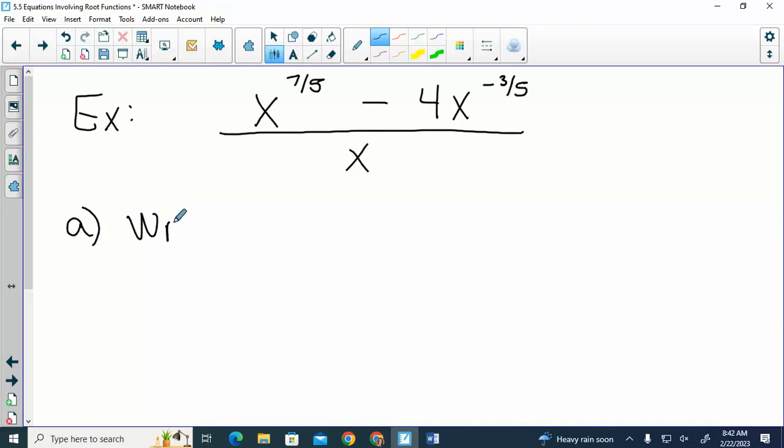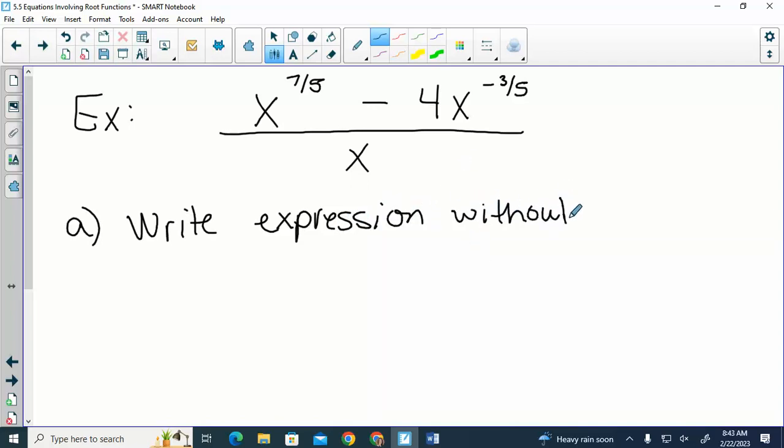I want you to write the expression without negative exponents. Okay, so what we're going to do is first focus on the top of this fraction.